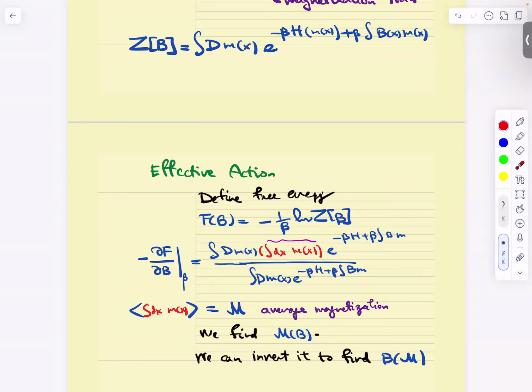Now you ask, what is the magnetic field that gives me this magnetization? That's just inverting it. Now you're talking about a function of the magnetization. This is in line with effective field theory. Let me pause here to see if everything's clear. But it's just inverting that relation.